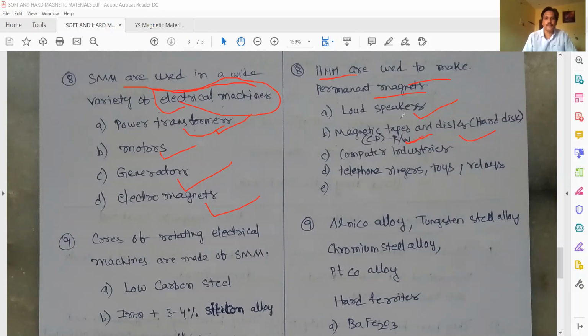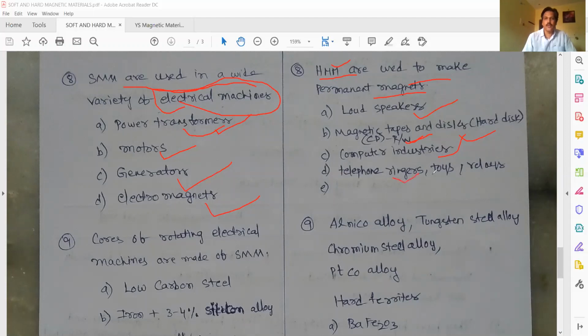Loudspeakers in all music devices, audio, video signaling. Those loudspeakers are permanent magnets which are made of hard magnetic materials. In the computer industry, we use a lot of hard magnetic materials for data storage.